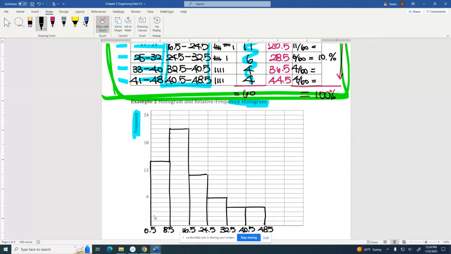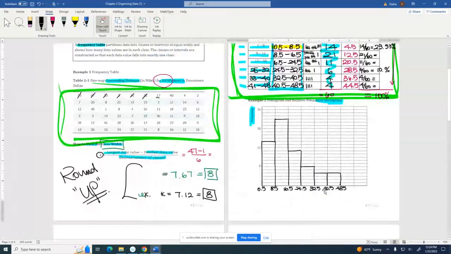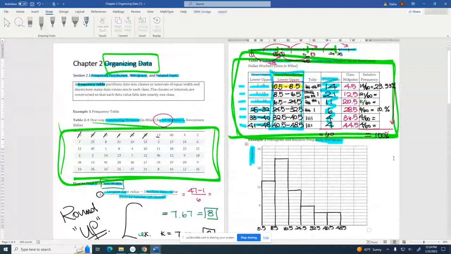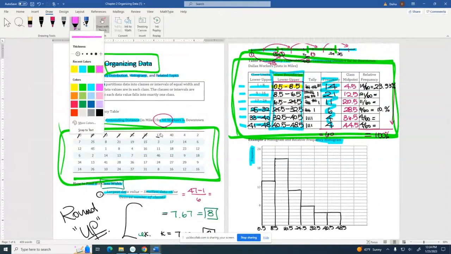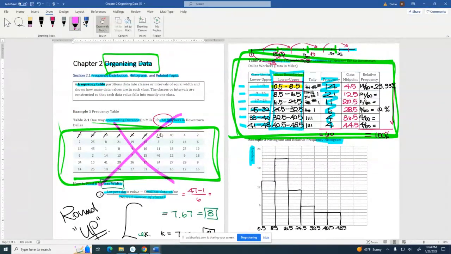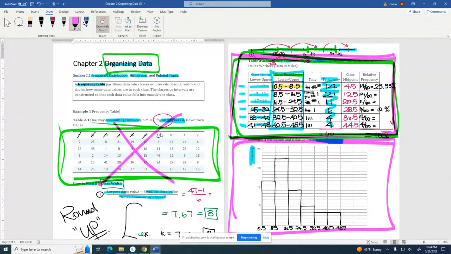Histogram. Let me see. Yeah, nobody likes the very first one. And now, please compare the frequency table and the histogram. What do you like?